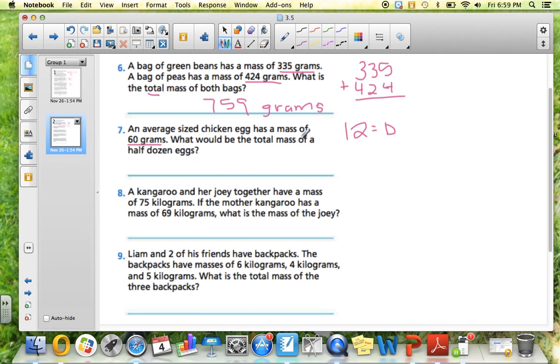So it's asking us for a half dozen, so a half D is whatever half of 12 is, which is 6. So it's asking us for the total mass of 6 eggs. So we know one egg is 60 grams, and if we multiply that by our 6 eggs, we will get an answer of 360 grams.